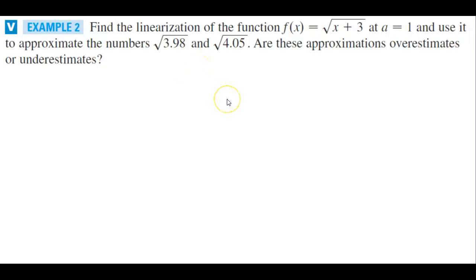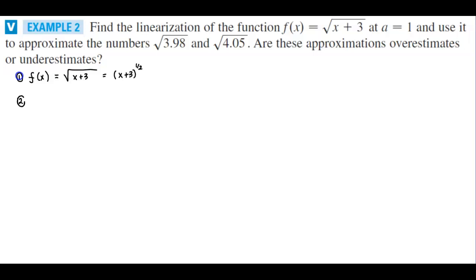Okay, so first thing we need to do is, in order to find the linearization, we need to find the derivative of this function, which is f of x, which is equal to the square root of x plus 3. And we know that we can rewrite this as x plus 3 to the 1/2.